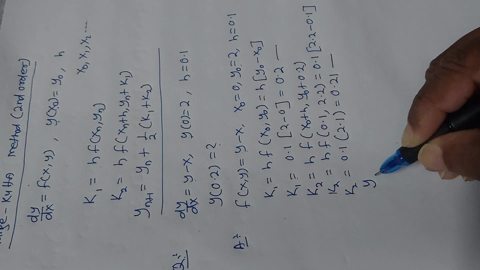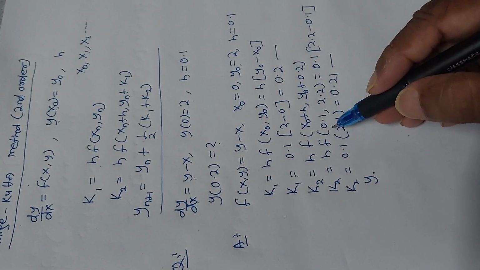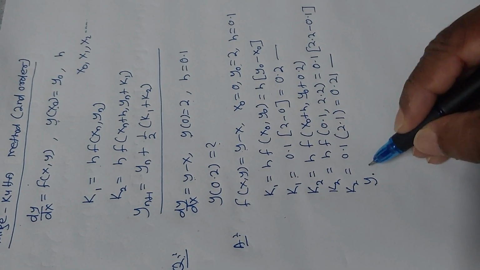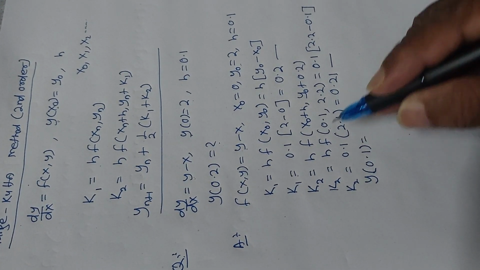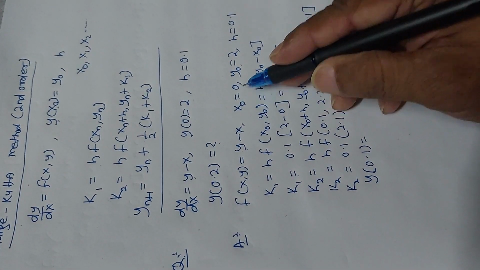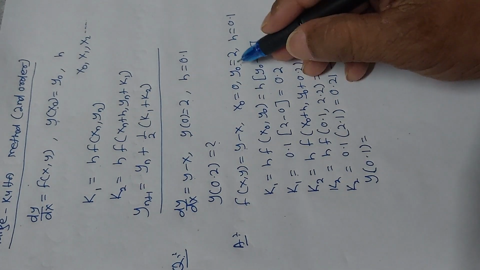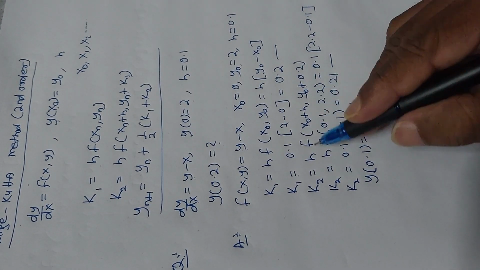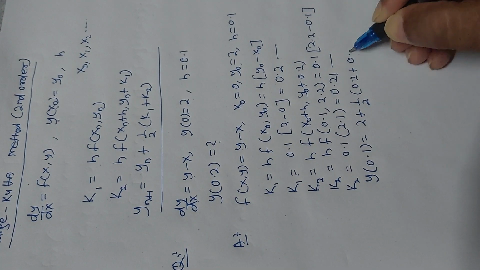Now y1 means y when x is equal to x1, and x1 means x0 plus h, that is 0.1. That will be the previous y, y when x is 0, which was 2, plus the average of k1 and k2. K1 was 0.2 plus k2 was 0.21.